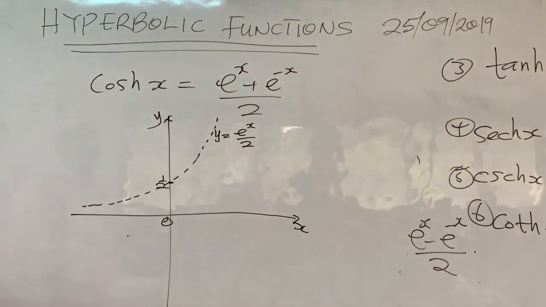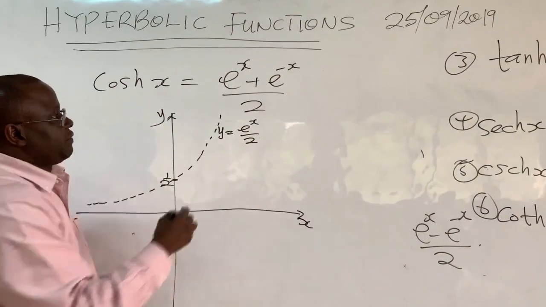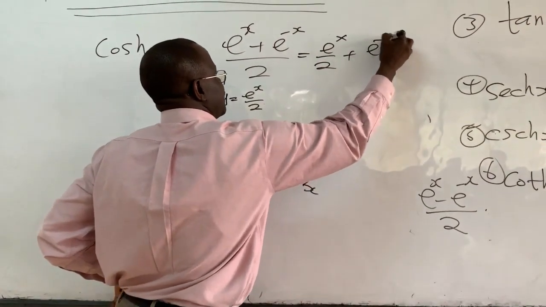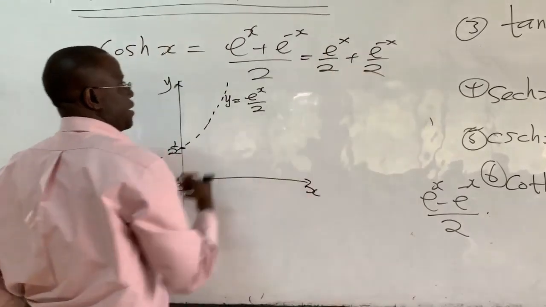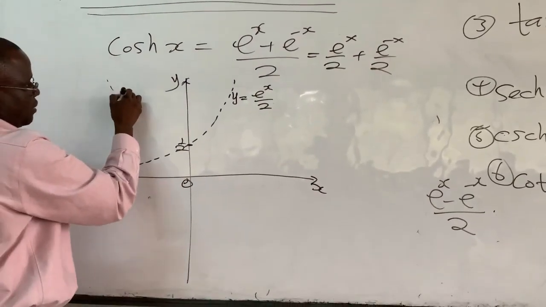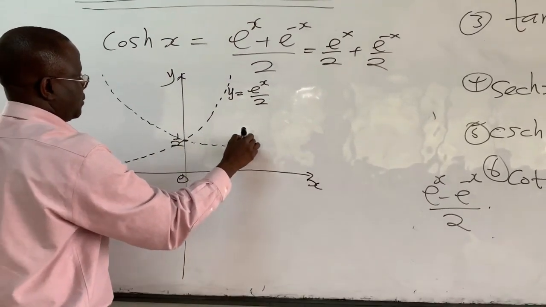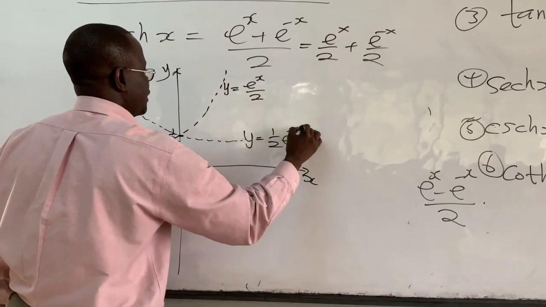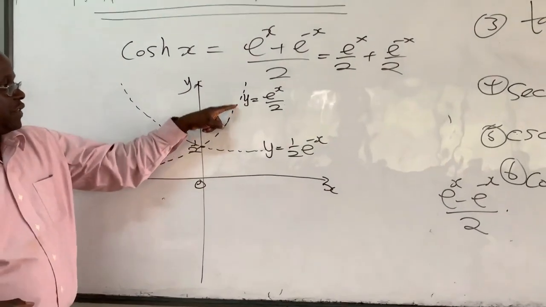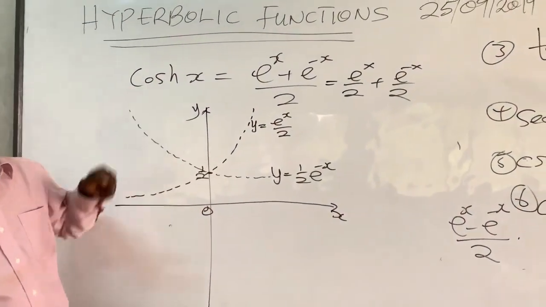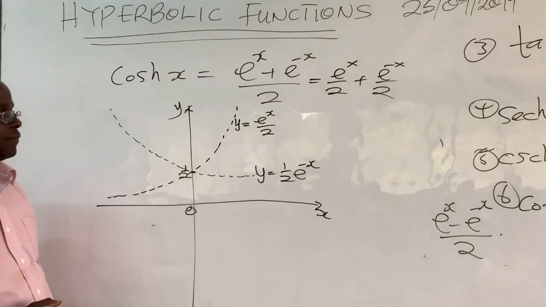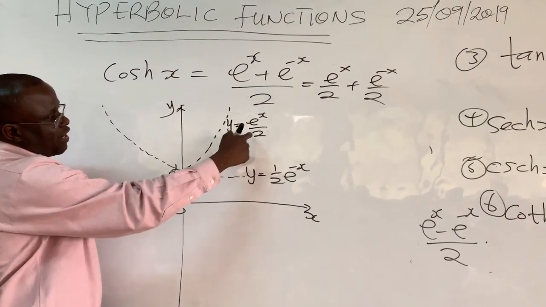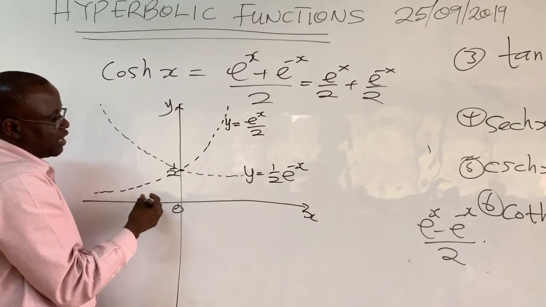And then e to the negative x over 2 is given by this. So the sum of these two graphs should give me the graph of the hyperbolic cosine function. So how do you add that up? Well, this is a half and a half. If I add half and a half, that gives me 1.